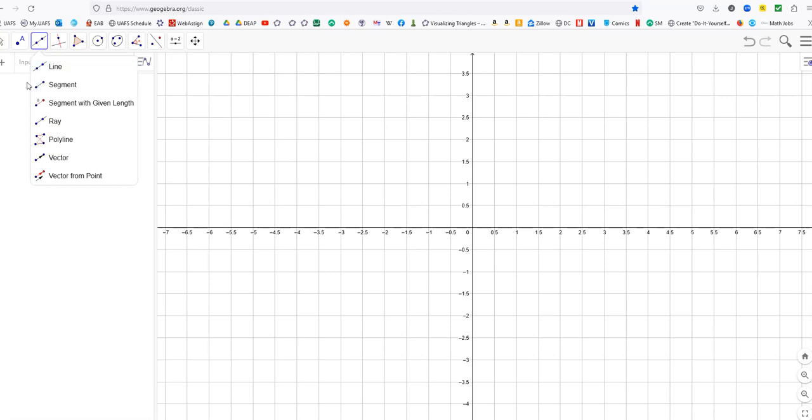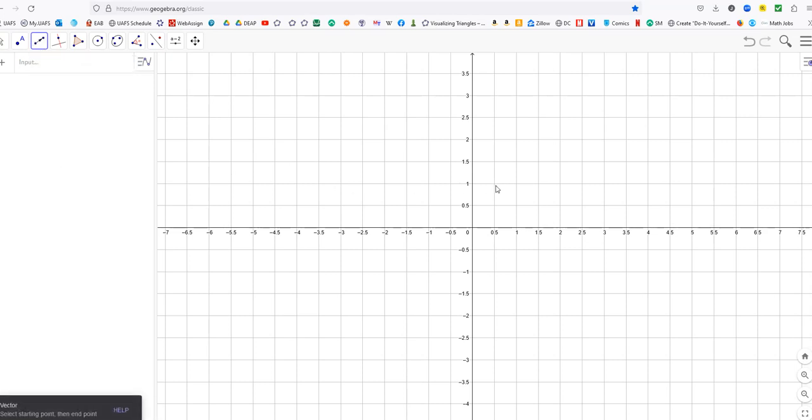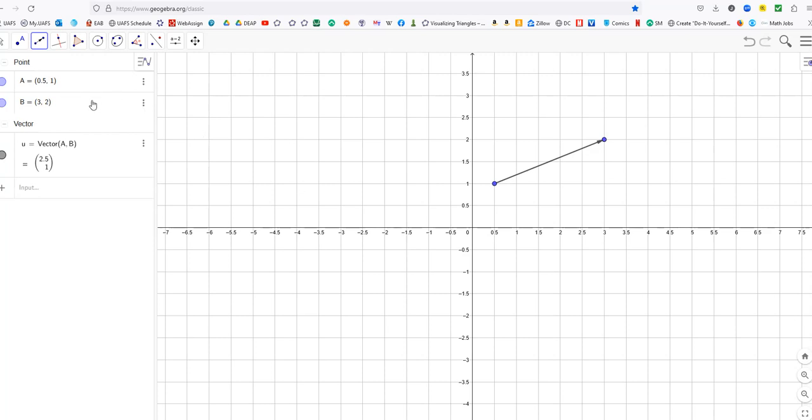I could do line segments and stuff, but it actually has a vector option right there. So I can click on vector, start somewhere here, and then end somewhere over here. And now we have a vector. Notice over here in the algebra view, it says we have the vector 2.51. This is an alternative notation for vectors instead of the way we would write it.